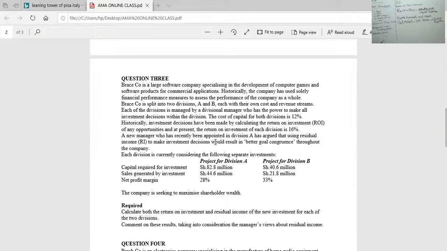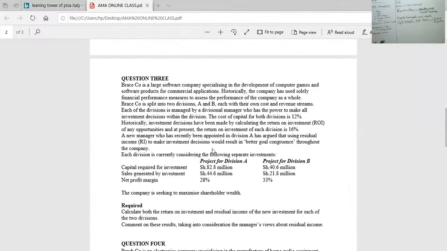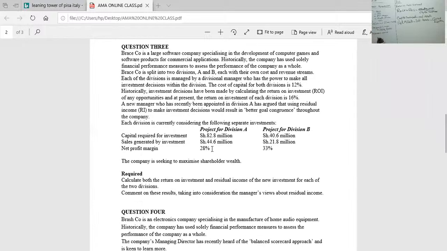Brace Company is split into 2 divisions, A and B, each with their own cost and revenue streams. Each of the divisions is managed by a divisional manager who has the power to make all investment decisions within the division. The cost of capital for both divisions is 12%. Please underline that.